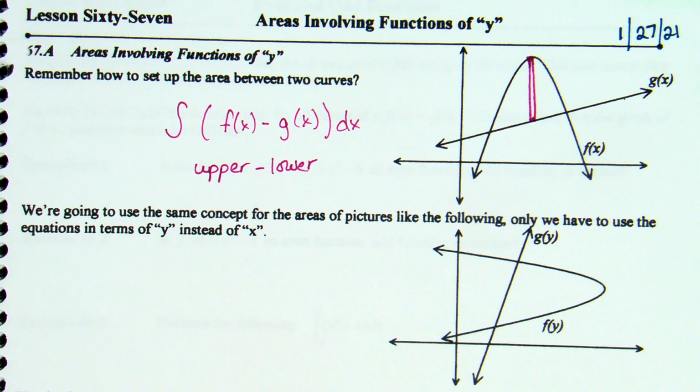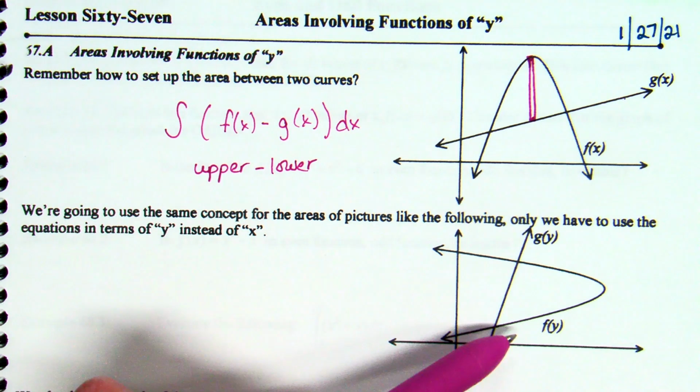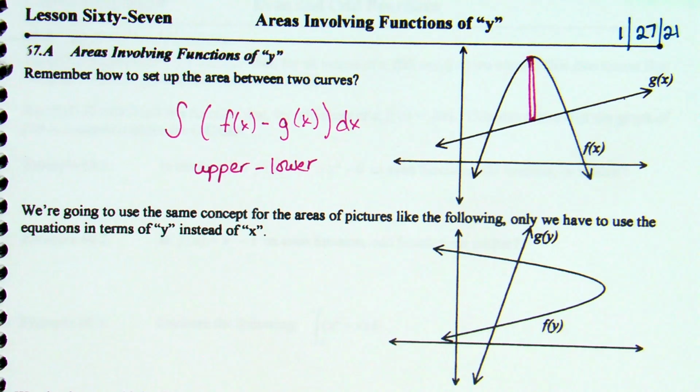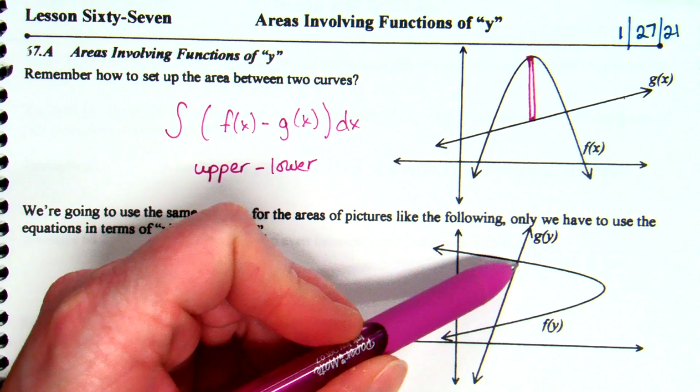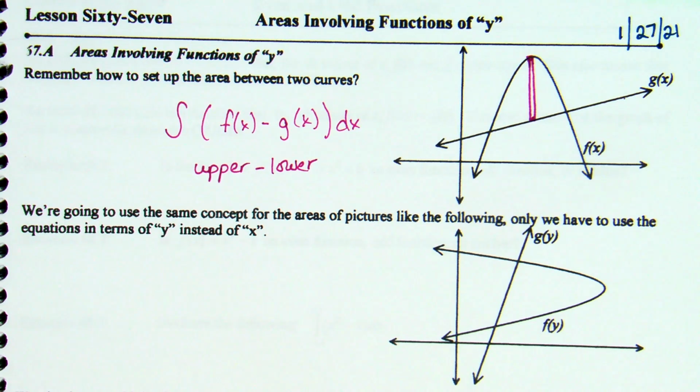So right here, as you look at these two functions, we don't have an upper minus lower because there's never one curve that is above the other, because this one is a sideways parabola. There's a small section here where you could say g is above f, but over here, it's all just f. And so when we work in terms of y, instead of saying upper minus lower, we're still going to say larger minus smaller, except I'm going to say right minus left.